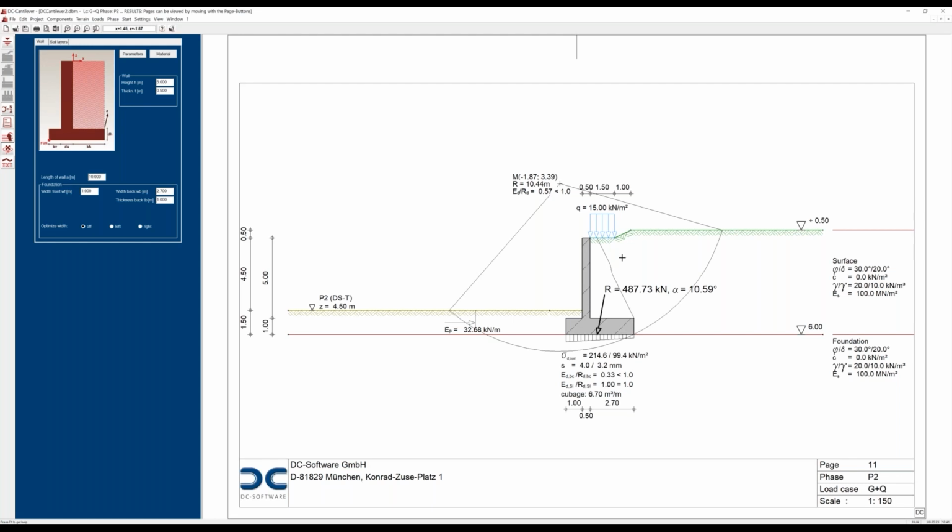So here you see the effect of the slope. So this is the substitutive wall where the earth pressure is acting on, and this is the block which might be moving and for which we calculate the bearing capacity below the ground, the sliding analysis, and the slip circle here for the slope stability.